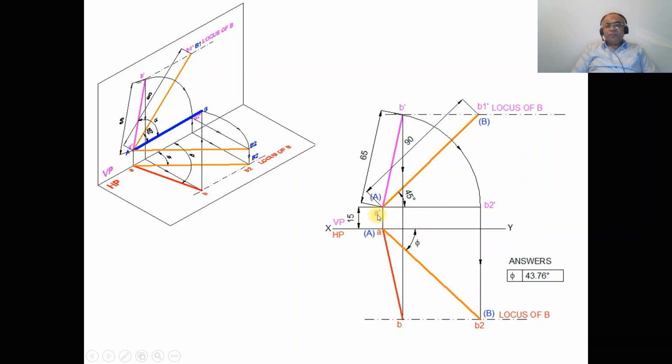To find the true length in the horizontal plane, you make the front view line parallel to HP. A dash is above HP by 15 mm, so B2 dash should also be above HP by 15 mm. So now the line is parallel to HP. Draw a vertical projector from B2 to the locus of B in the top view. Then join AB2, and you get the true length in the horizontal plane.